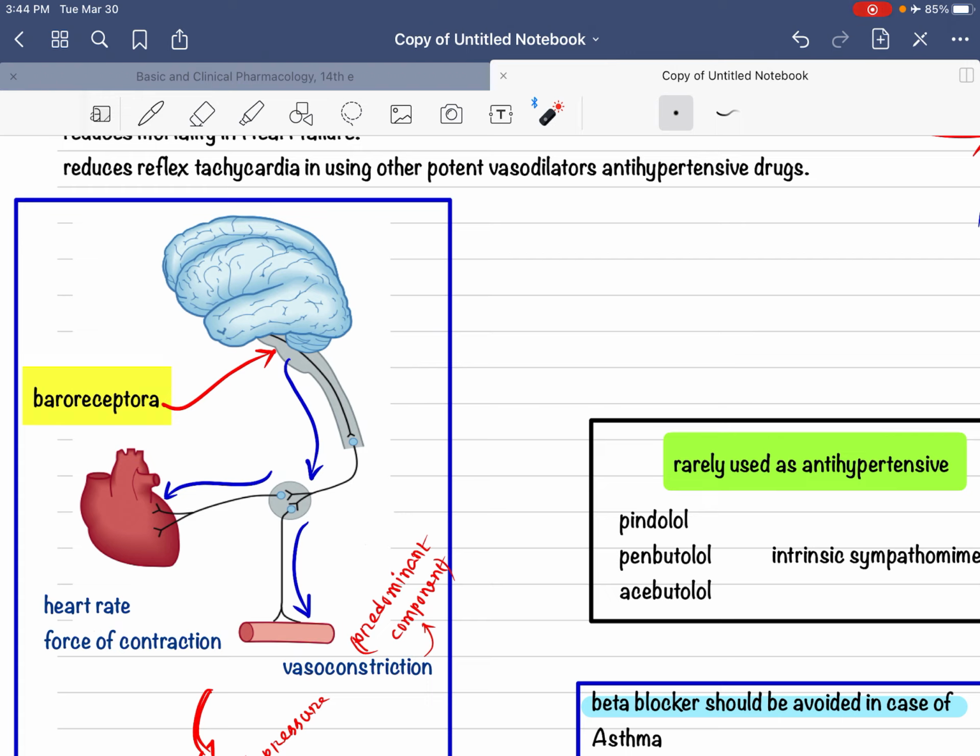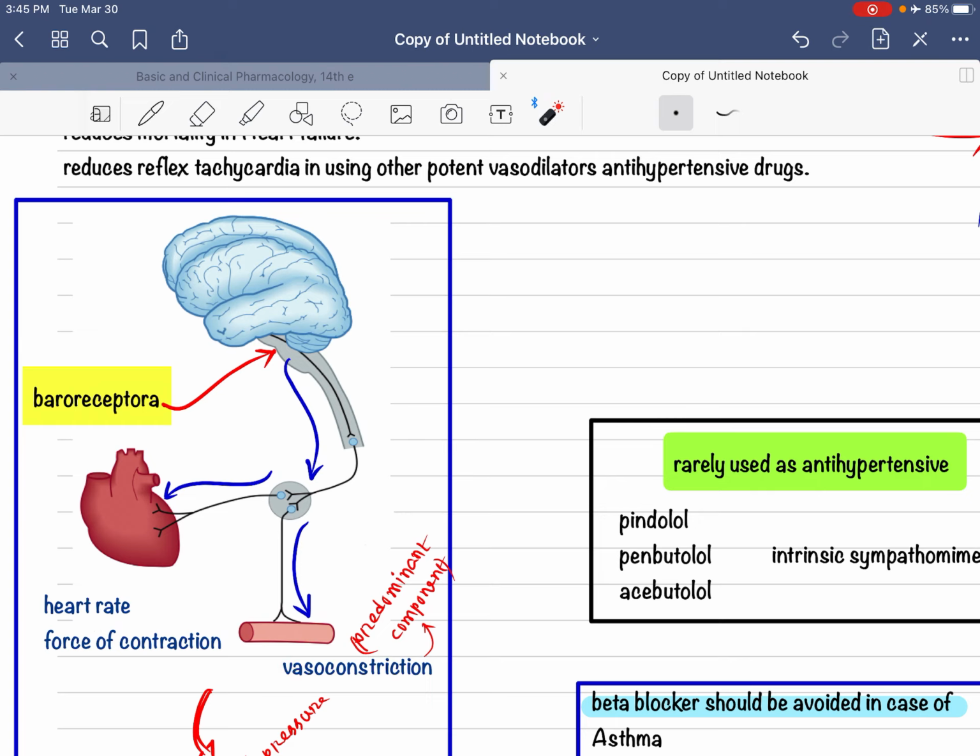So whenever you are in a standing position and your baroreceptor reflex starts, your heart cannot increase its heart rate because you blocked the beta 1 receptor of the heart, but you don't block the alpha 1 receptor. That means your blood vessels will respond tremendously to the sympathetic stimulation, and the blood vessels will do severe vasoconstriction.